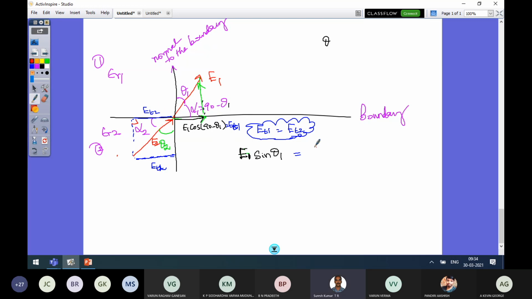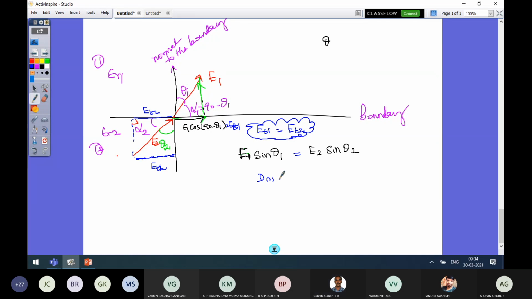Then ET2 will be, in the same way, E2 sin theta 2. Right? ET2 is E2 sin theta 2. Is it clear? I think it's quite a simple equation, right? Okay. So next, apply the other boundary condition.